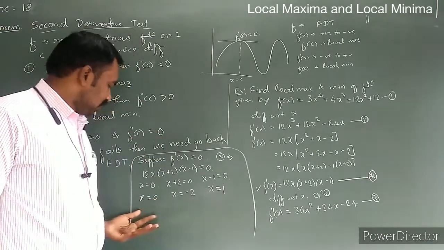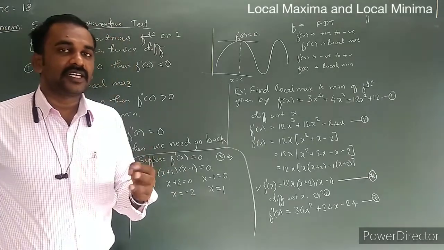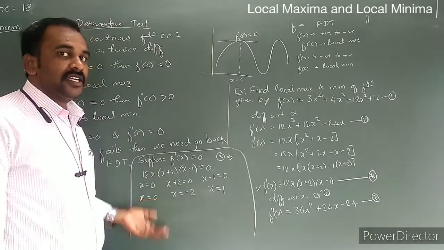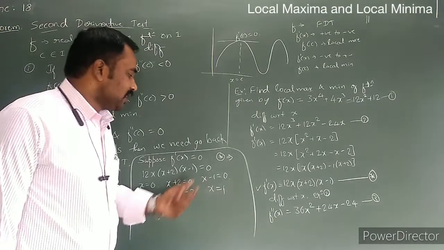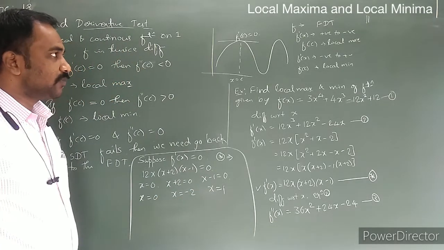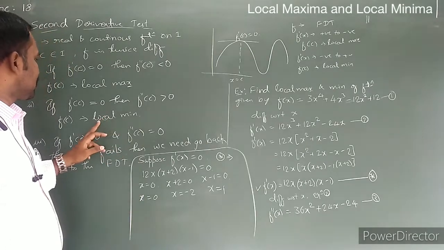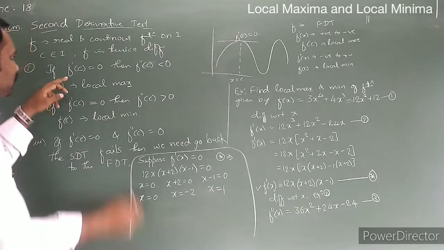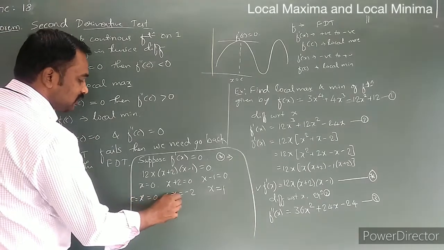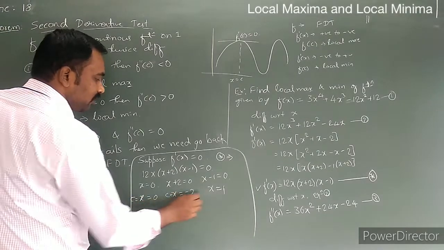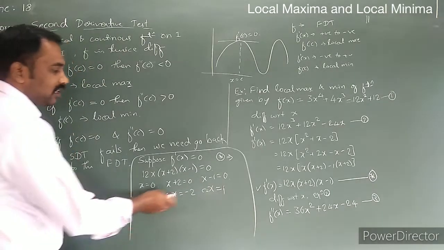At all these 3 critical points, the curve changes its direction, increasing to decreasing or decreasing to increasing. Now we have to check the sign of the f double dash of x. These are all the c values.